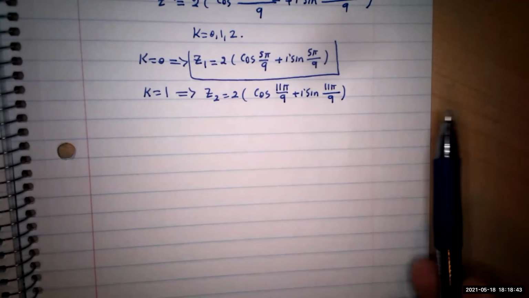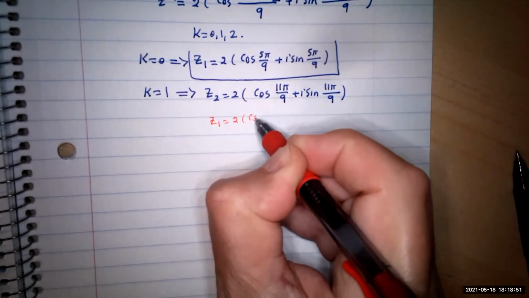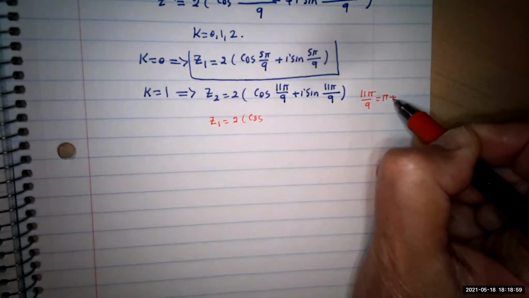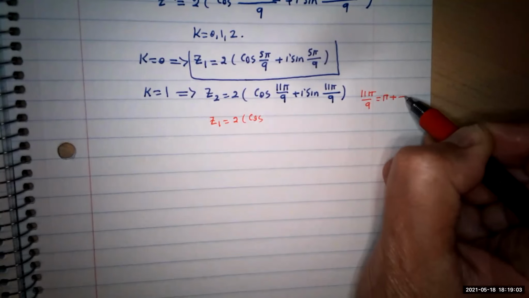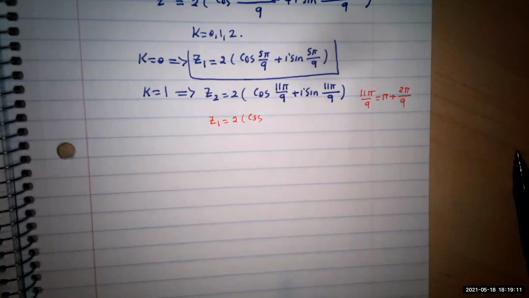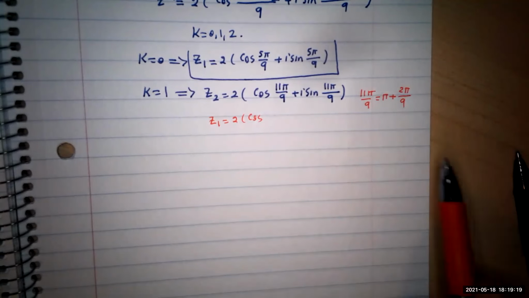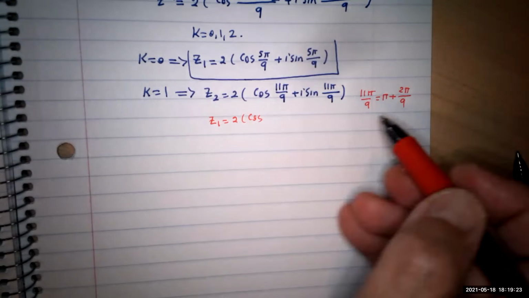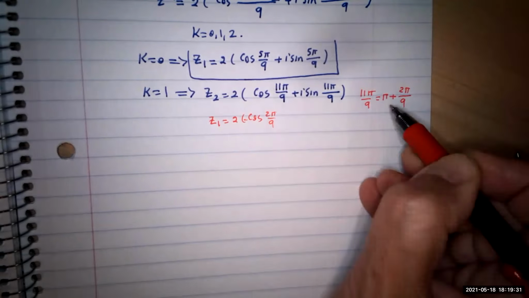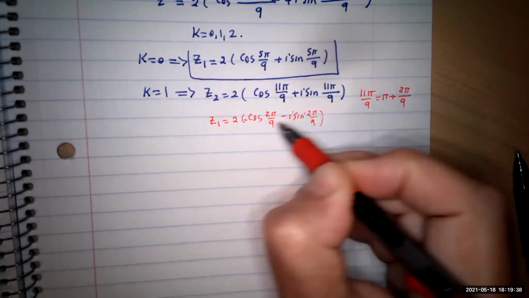You can simplify it if you like, but you don't have to. 11 pi over 9 is the same as pi plus 2 pi over 9. The cosine of pi plus 2 pi over 9 is negative, so you can change it to negative cosine of 2 pi over 9, and the sine is the same thing, minus i sine of 2 pi over 9, but you don't have to.